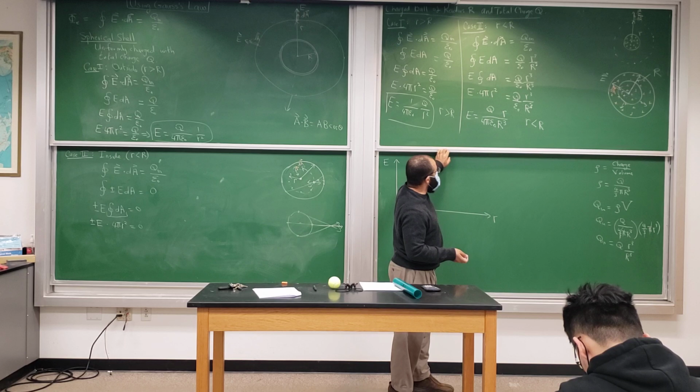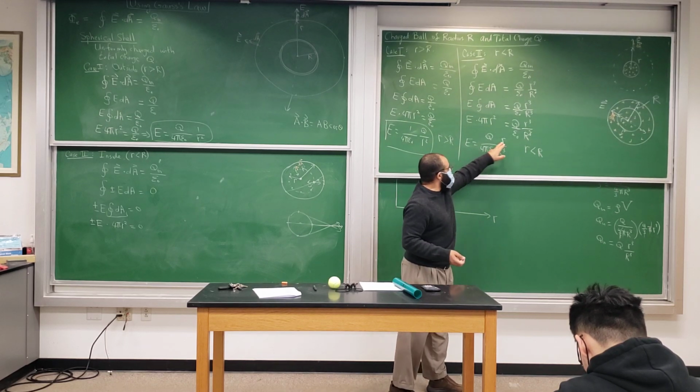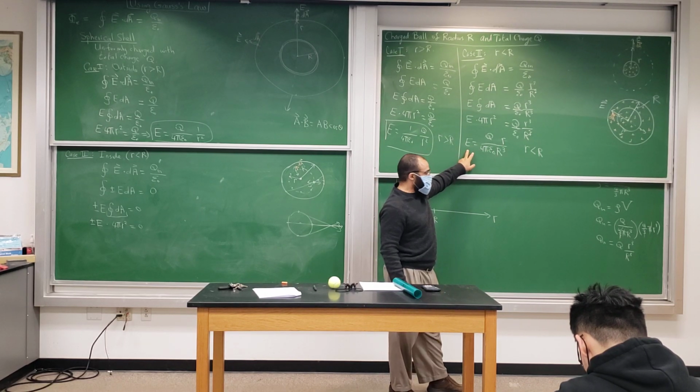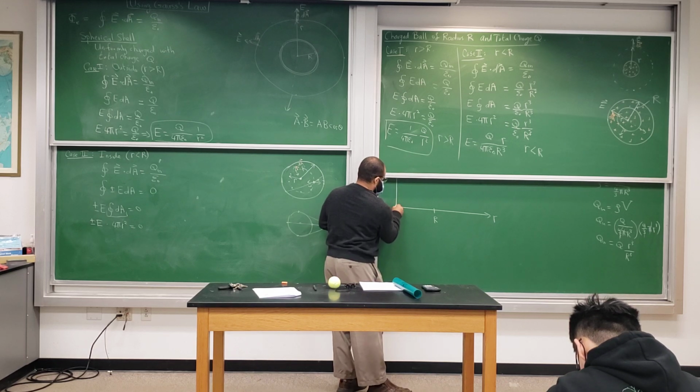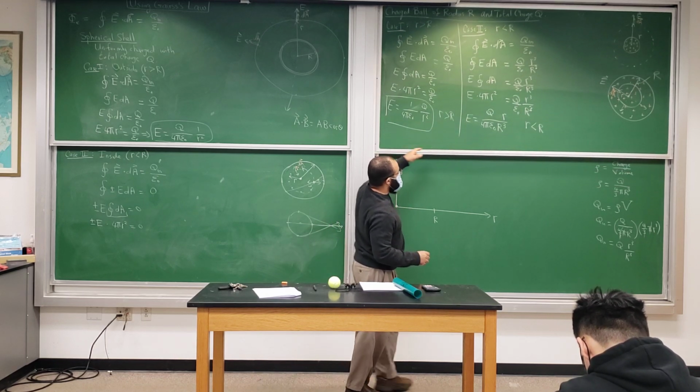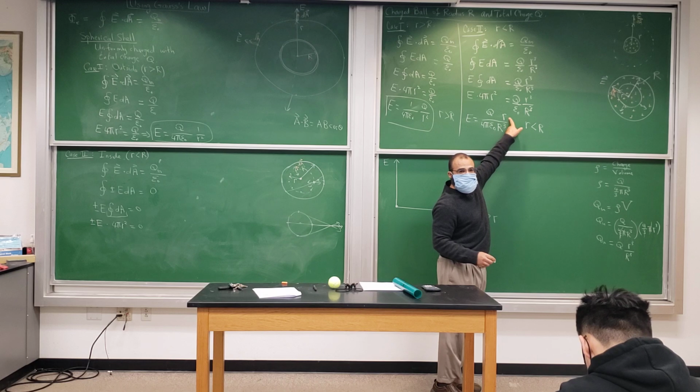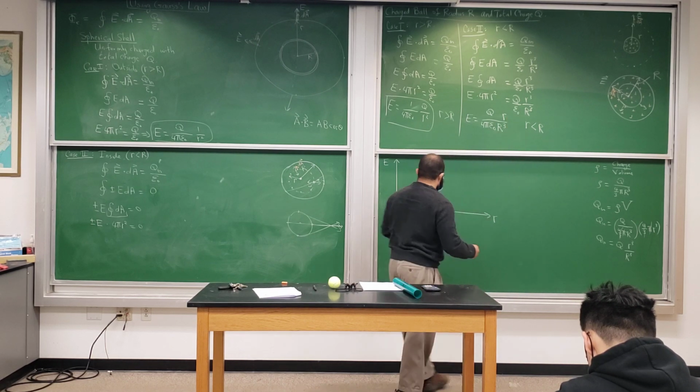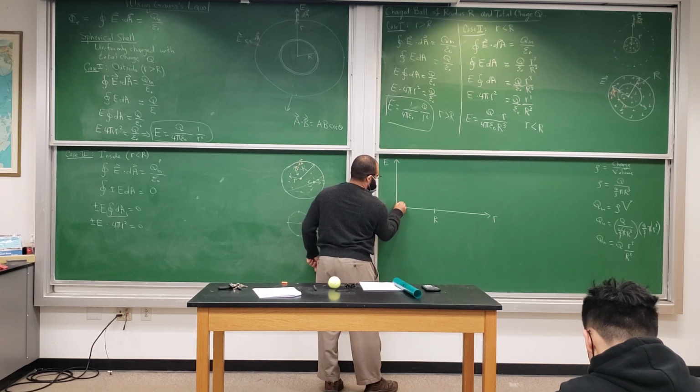So now what does this one say? If little r is 0, what's the electric field? 0. So it starts at 0. And then it says it grows linearly with r. It's proportional to little r. So it goes like this.